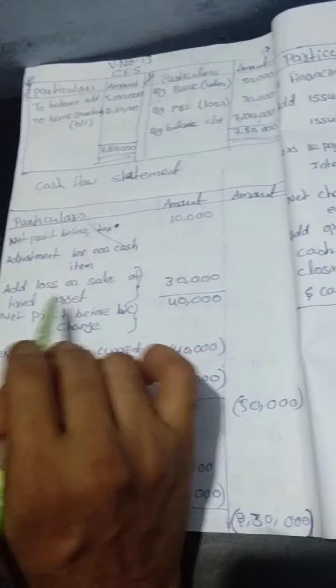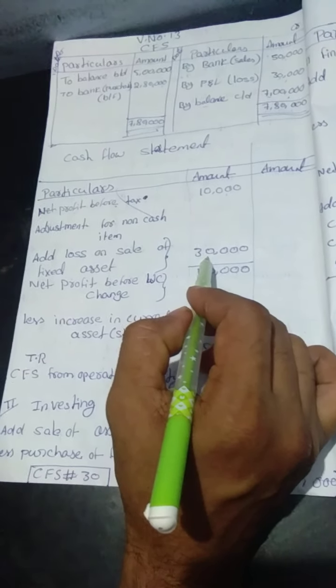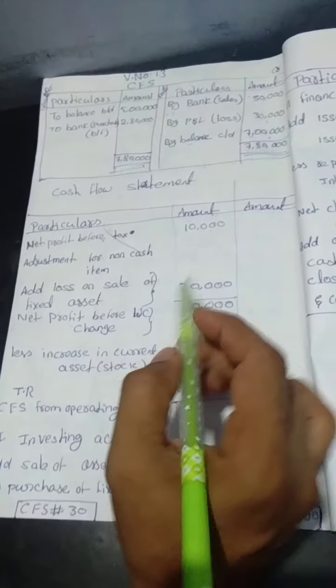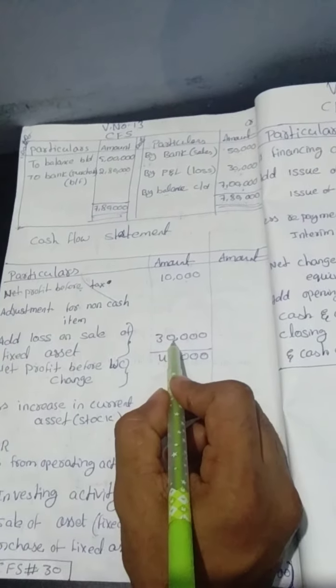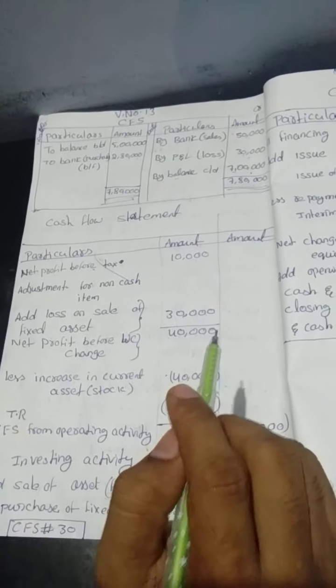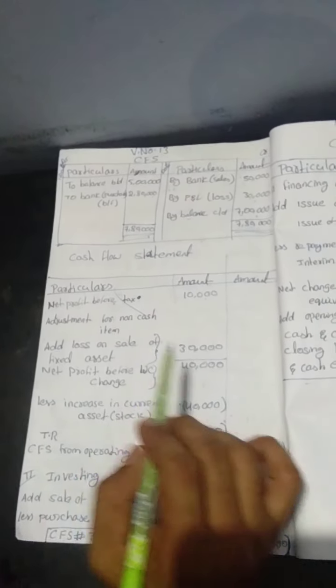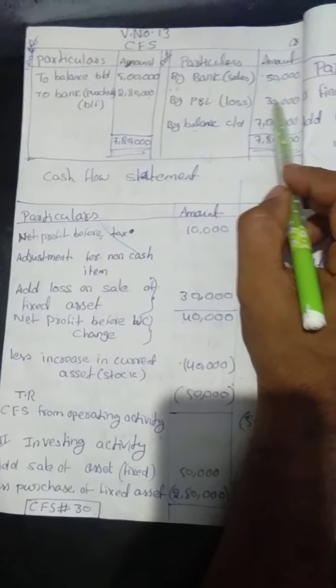This is a cash expense, but another item comes under extraordinary item, meaning interim dividend paid. Sorry, as you can see, it is the loss on sale of fixed asset. When the asset is sold, we already got 30,000 as loss.